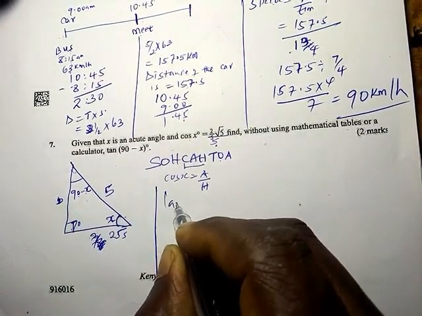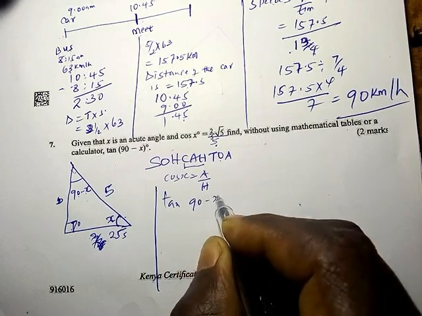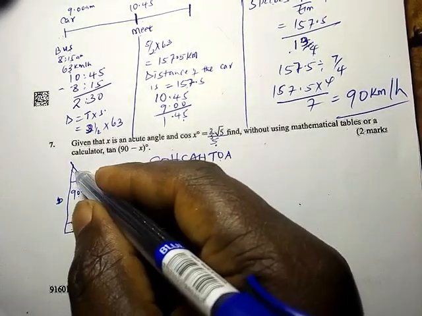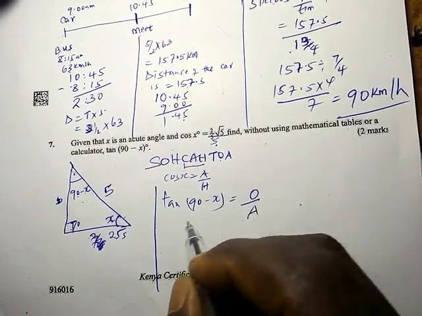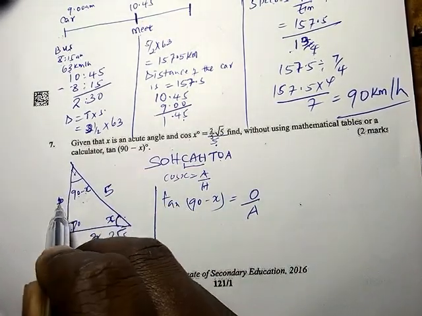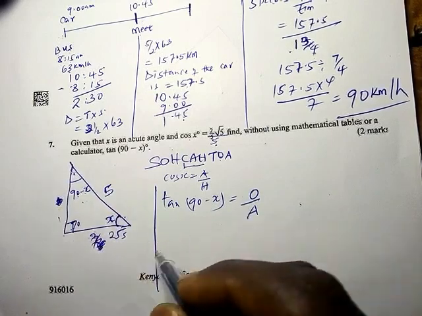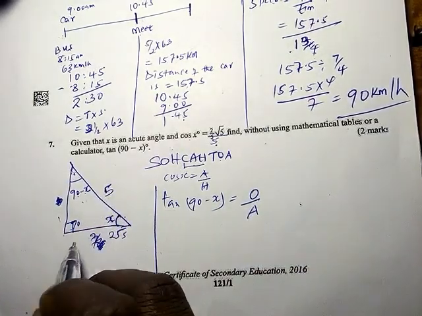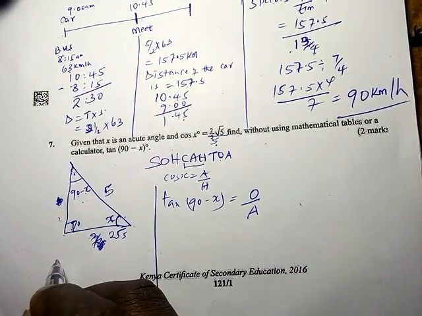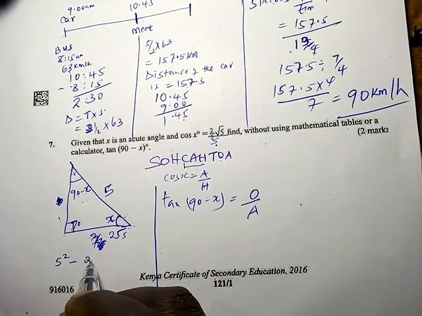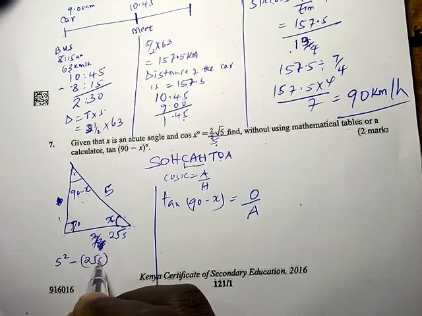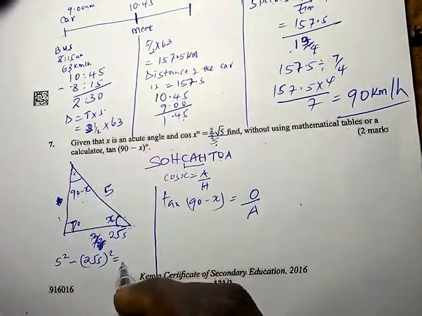So what we want now is the tan. Tan of 90 minus x will be opposite over adjacent, but we don't have the adjacent yet, so we need to get that. How do we get that? The hypotenuse is 5, so 5 squared minus 2 root 5 squared will give us this side.